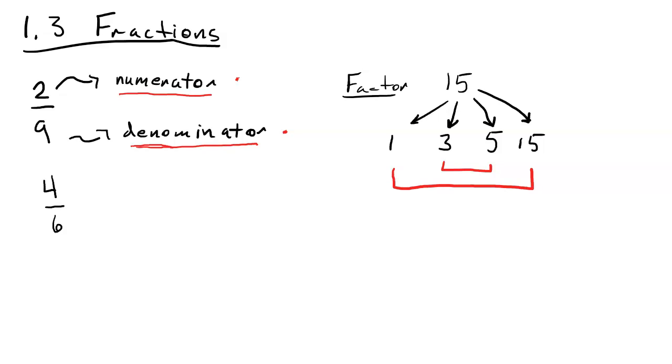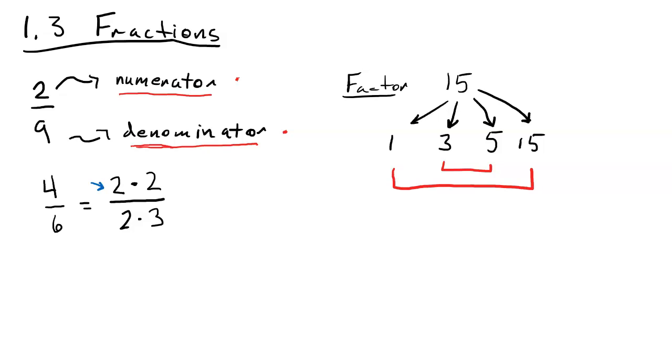4/6, we can write this in its factored form, each number in its factored form. So we have 2 times 2, which are the factors of 4 other than 1 and 4, and we have 2 times 3, which are the factors of 6 other than 6 and 1. And we can see here that there's a shared 2 right here.